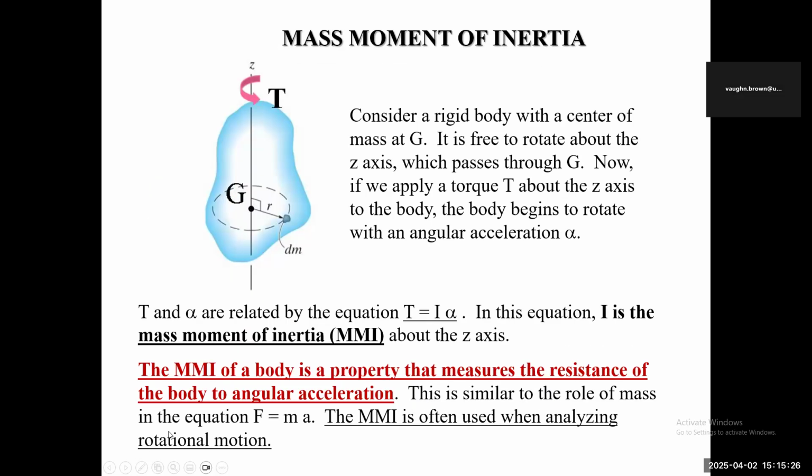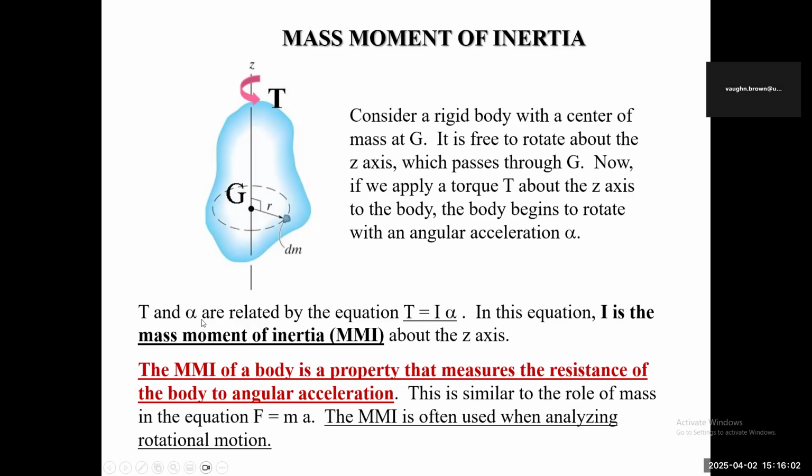All right. So the mass moment of inertia: consider the rigid body with the center of mass G, and it is free to rotate around some axis, Z axis, right? Which passes through G, and that is the center of mass of the body, right? Now, what they're saying here is if we apply a torque, just like we talked about the axis, the Z axis, the body begins to rotate with an angular acceleration called alpha.